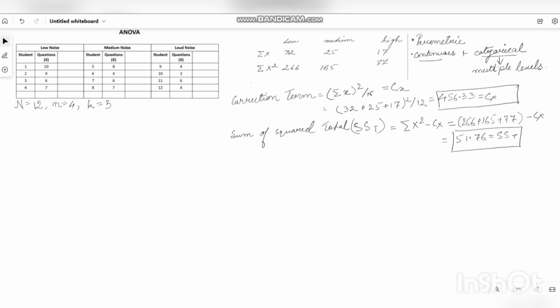The next is the sum of squares among group. It is summation of x whole square by n minus Cx.